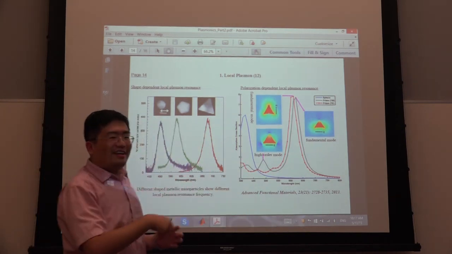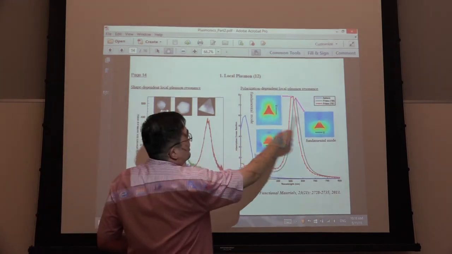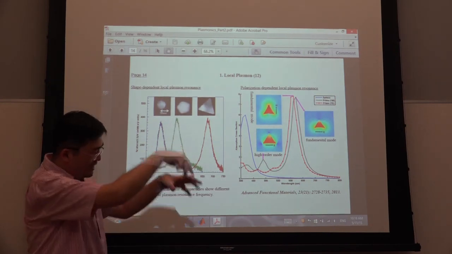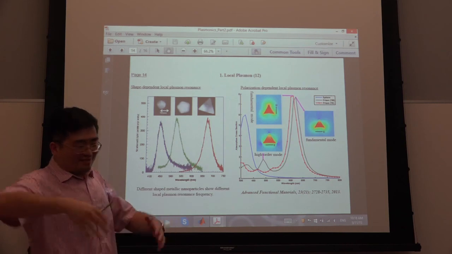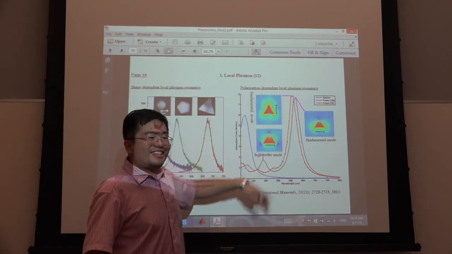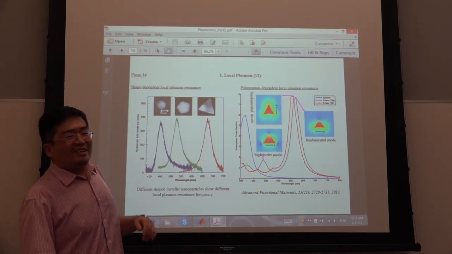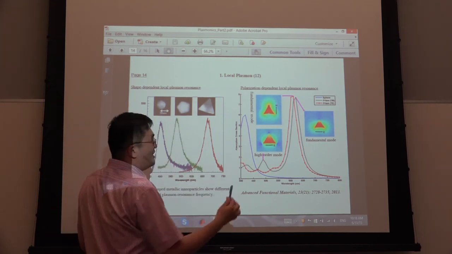When they fabricated the prism, they put that prism in the solar cell. They found some peaks, some enhancement. The results are from Hong Kong, experimentally.